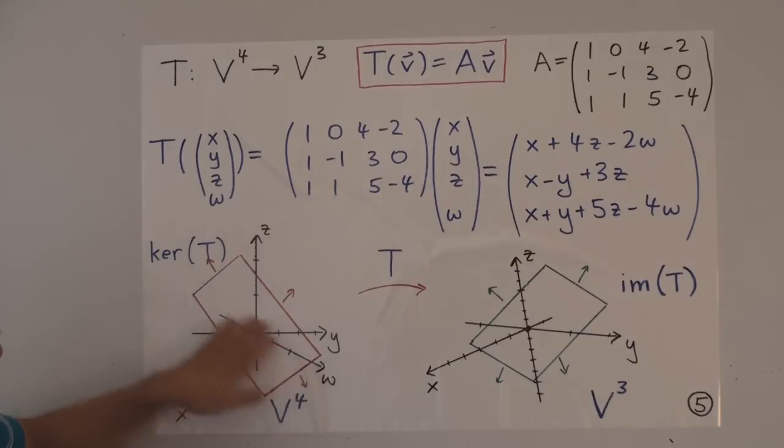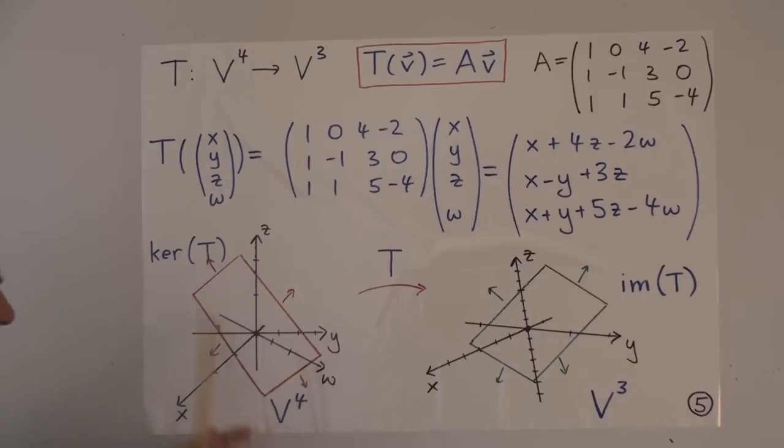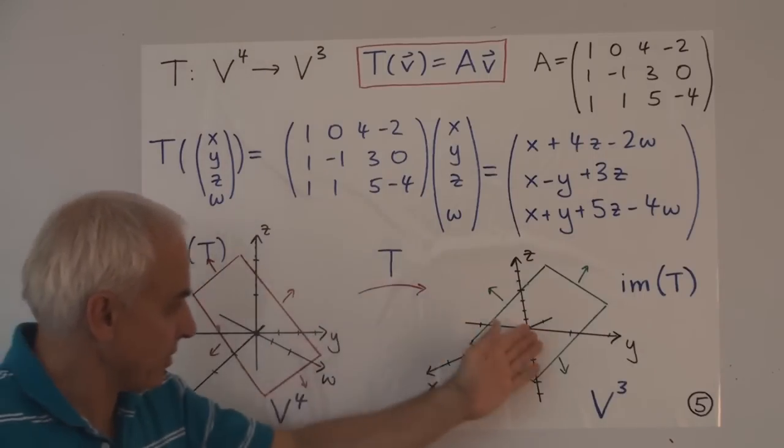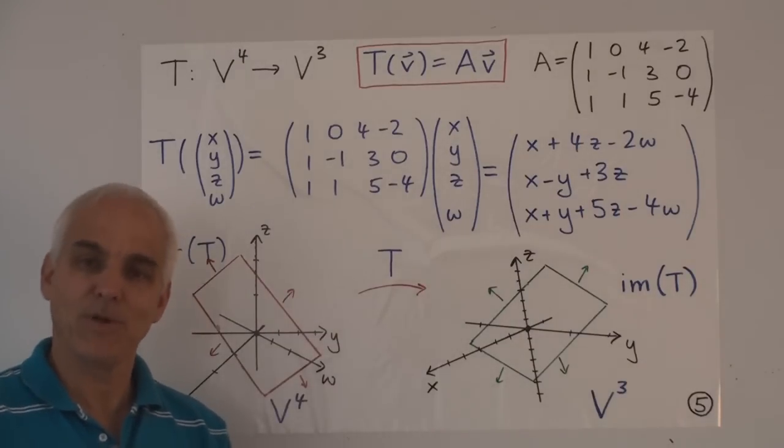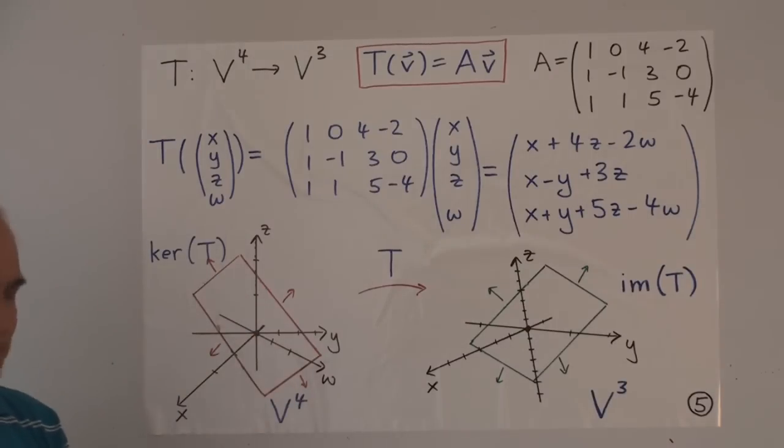And I'm going to represent that space of vectors that get sent to 0 by this plane here. Now at this point we don't know if that's accurate or not. We don't really know what the set of vectors looks like, but it will turn out that it will be a plane. It will be a plane through the origin.